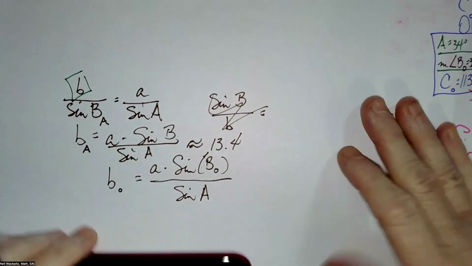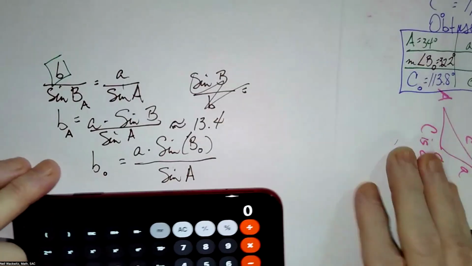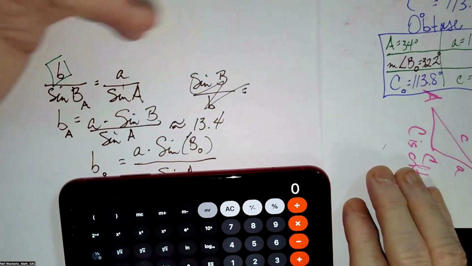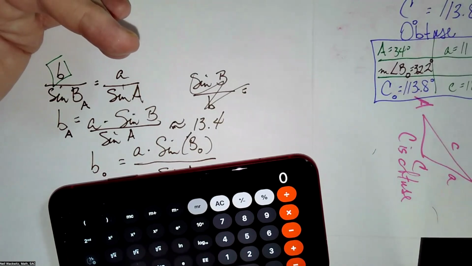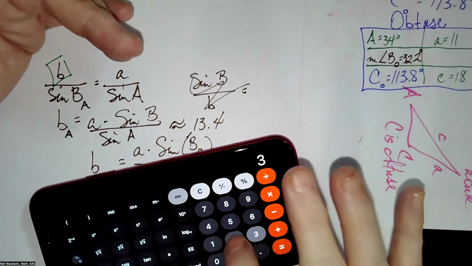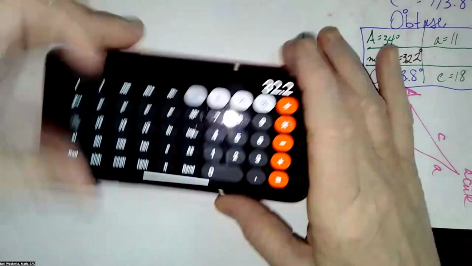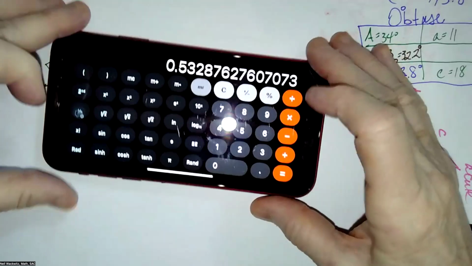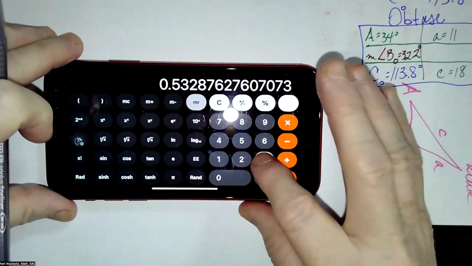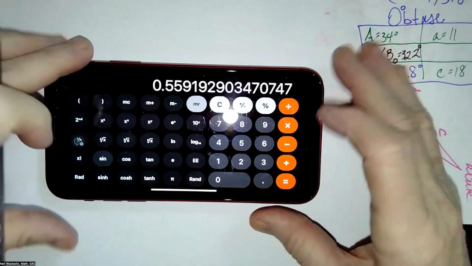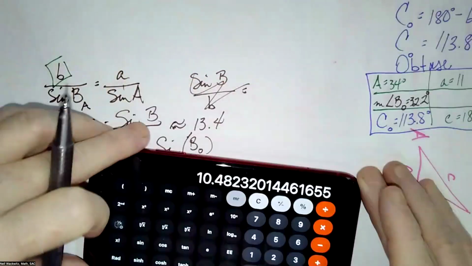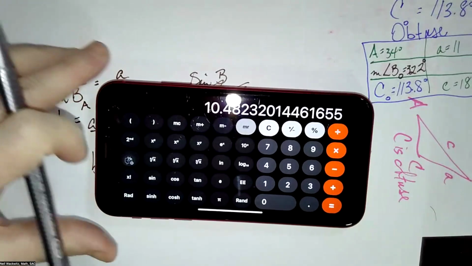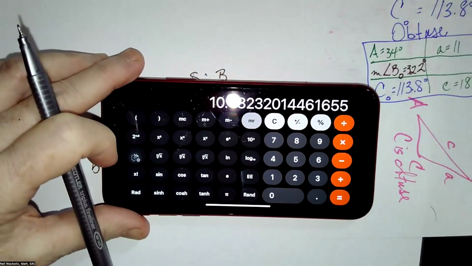So let's see. We said that B was 32.2. Sine divided by 34 sine times 11. So side B is going to be 10.5.